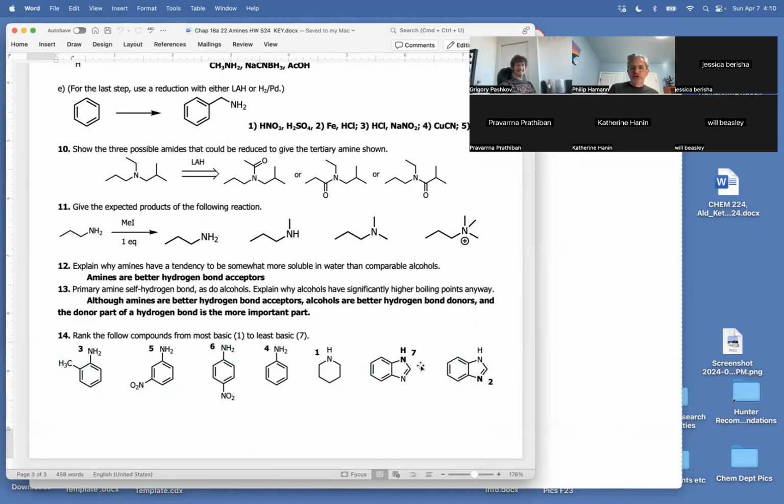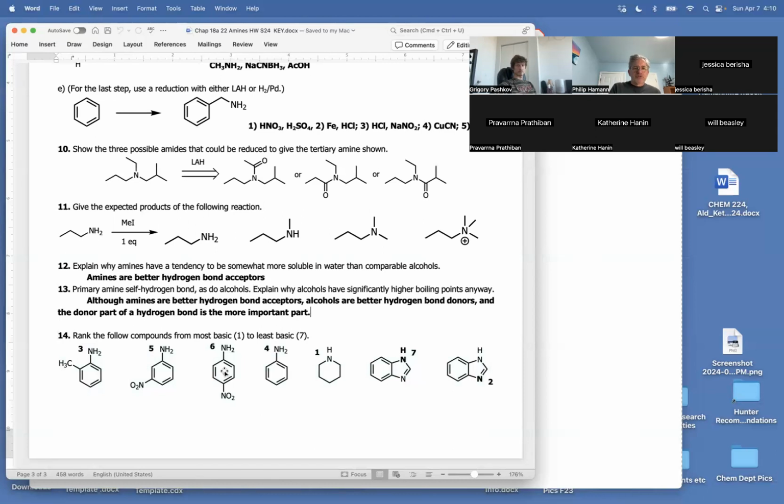And so these 3, I think, are okay. Going to the left, the aniline. I don't have the pyridine here, but it'd be the same as the aniline. 3 has an electron donating group. Alkyl groups are electron donating relative to a ring, and that would slightly increase the basicity of this because it has more electron density.